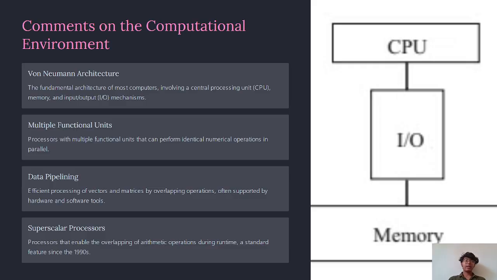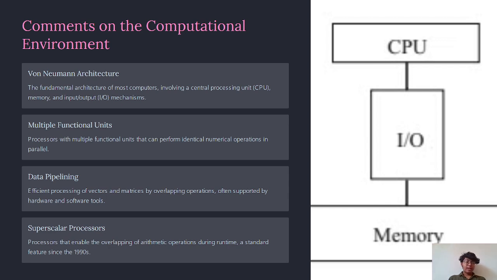Now let's look into the comments on the computational environment. Von Neumann architecture. The fundamental architecture of the most computers involving a central processing unit, that is nothing but the CPU, memory and the input-output mechanism. Multiple functional units, that is the processor with multiple functional units that can perform identical numerical operations in the parallel.